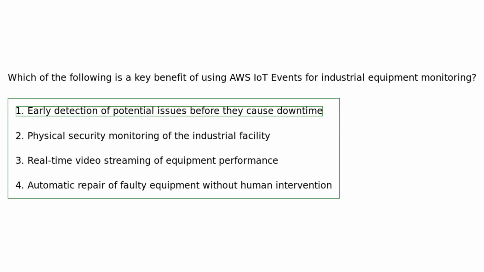A key benefit of using AWS IoT Events for industrial equipment monitoring is the early detection of potential issues before they lead to downtime. By continuously monitoring equipment data and detecting patterns that indicate degraded performance or impending failures, AWS IoT Events can trigger alerts or actions, allowing for proactive maintenance.